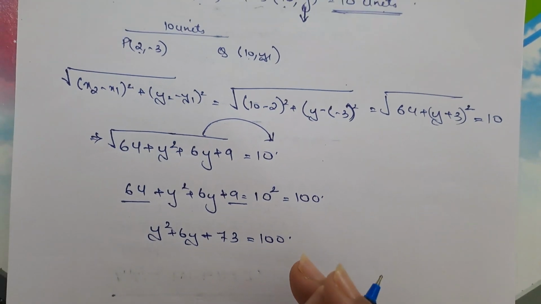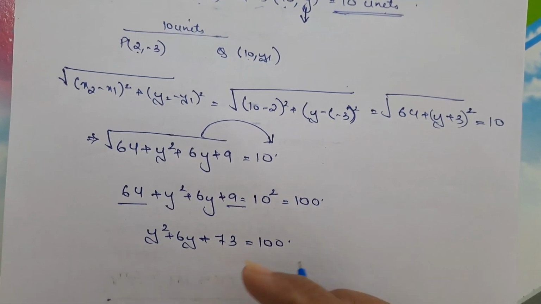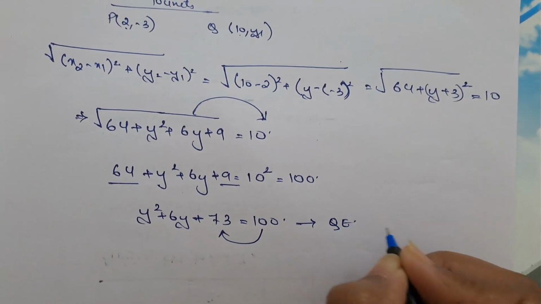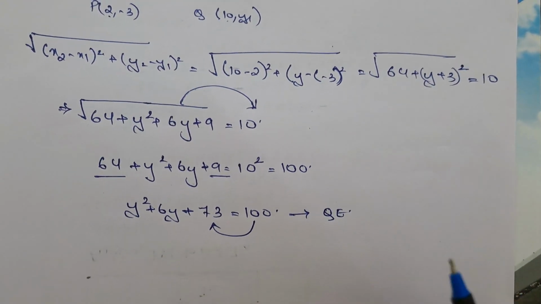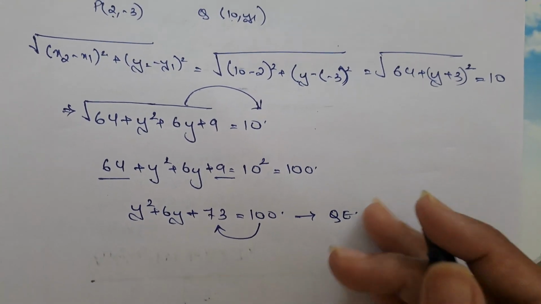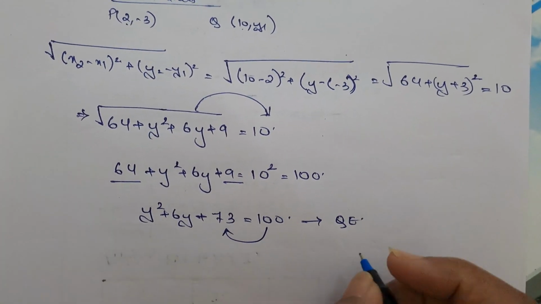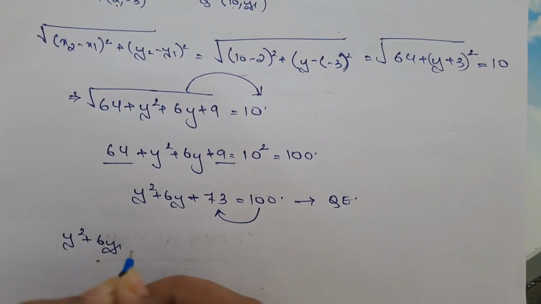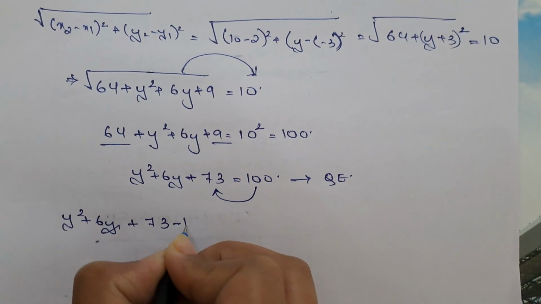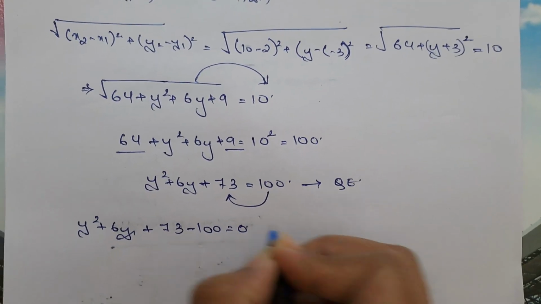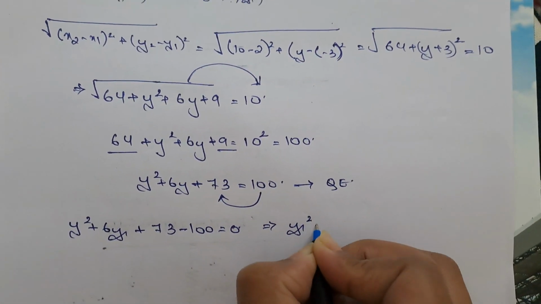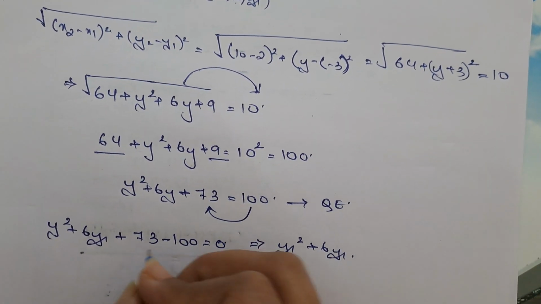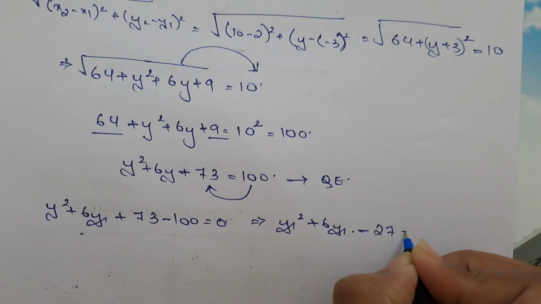And then I will bring this 100 towards the other side because I wanted it to be in the quadratic equation format, and I can use the splitting the middle term method or the formula method to find out the roots for y. Okay, so when I do that, it becomes y square plus 6y plus 73 minus 100 is equal to 0, which turns out to be y square plus 6y minus 27 is equal to 0.